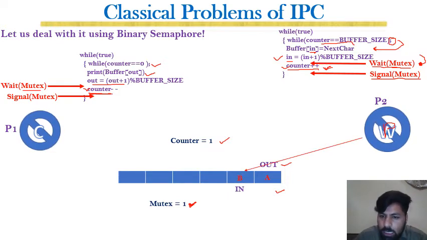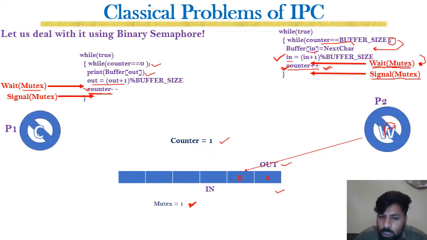Now suppose another character is generated by P2. Once P2 produces a character, it is placed in the input buffer, and the in pointer is incremented. Because the process has incremented this in pointer, it will have to increment the counter variable. But as we noted previously, counter is the critical section, so it must execute the wait function.